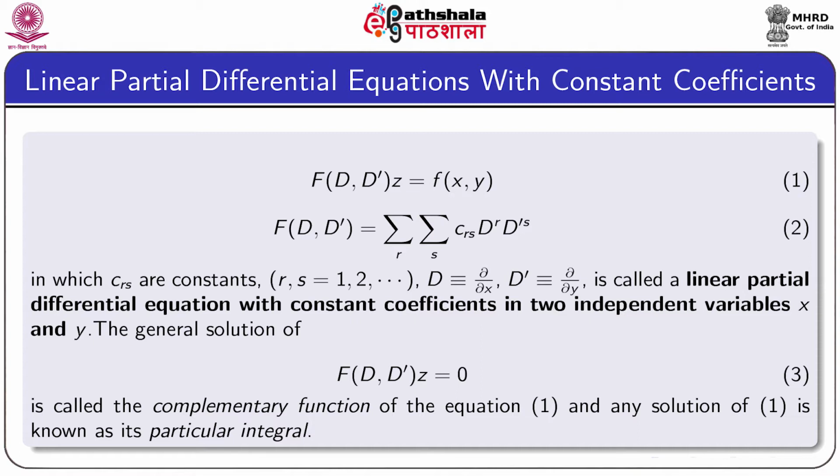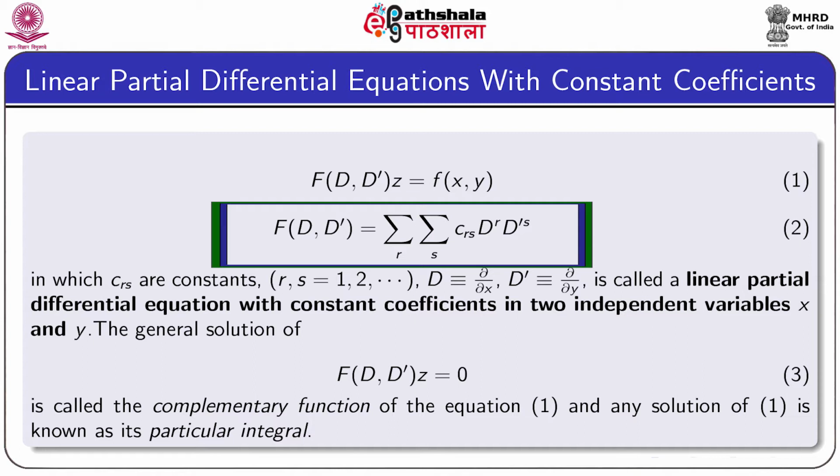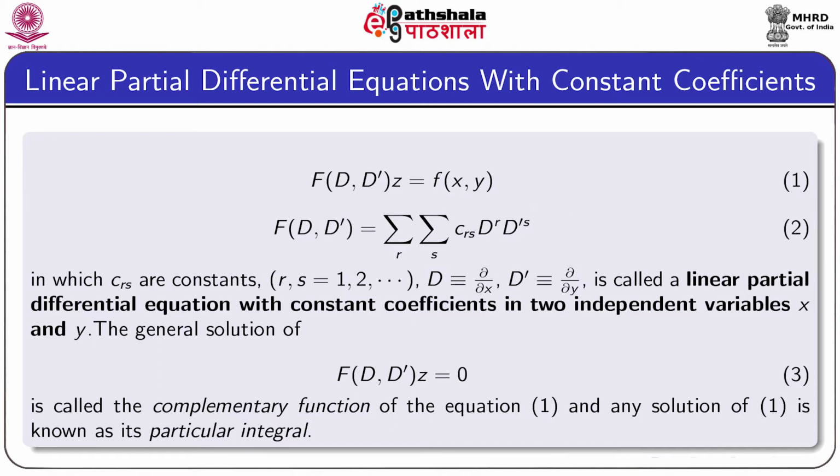The general form of a linear PDE with constant coefficients can be written as capital F(D, D') z equals f(x, y), which is written in equation number 1, where capital D is the partial derivative with respect to x and D' denotes the partial derivative with respect to y, and capital F is of the form sum over r, sum over s, c_rs D^r D'^s, where c_rs are some constants.